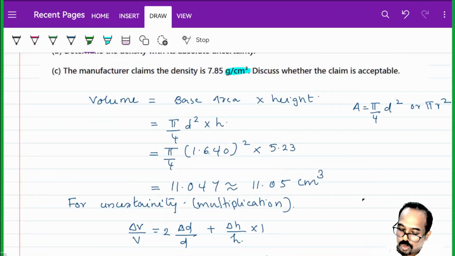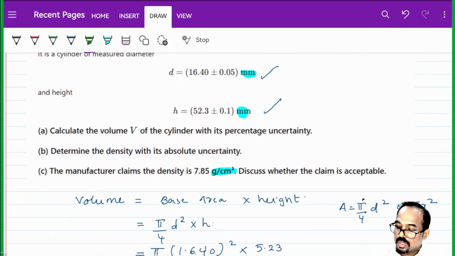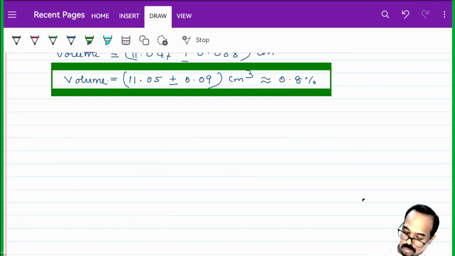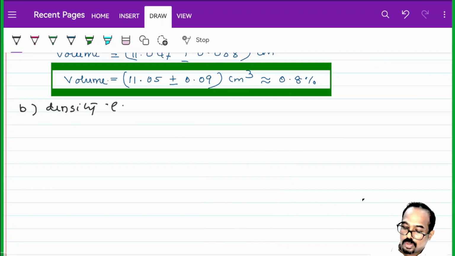Now moving on to part 2, determine the density with its absolute uncertainty. So part B, density, rho. You know the density formula: mass by volume.